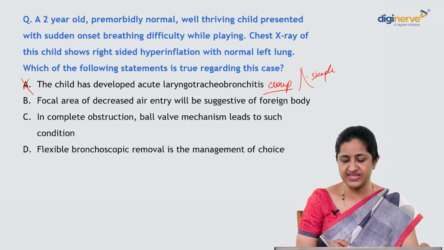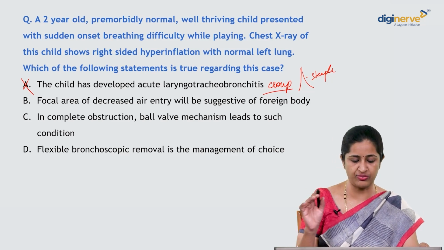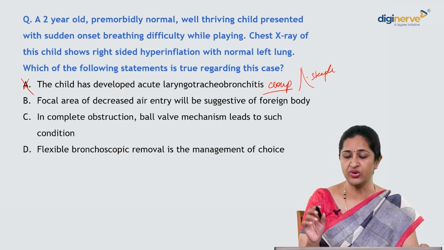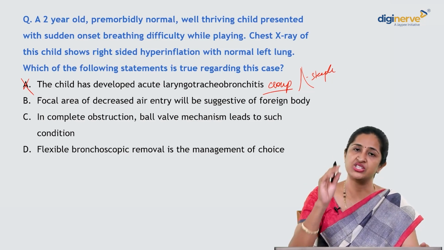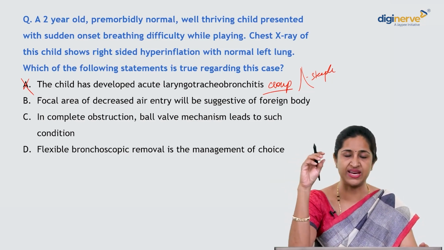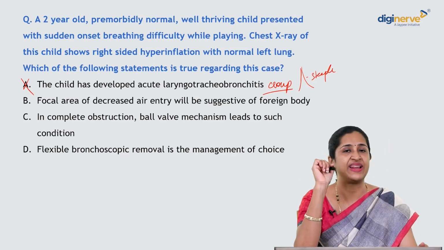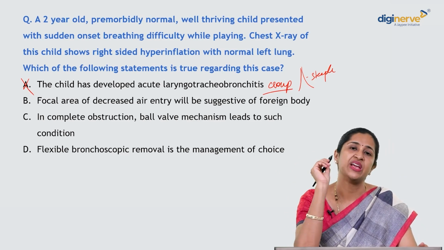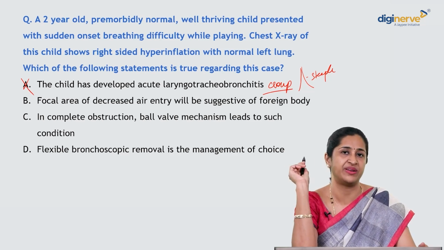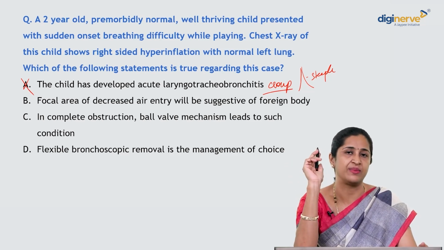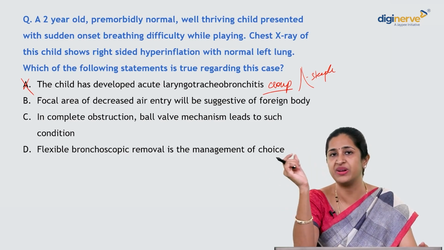Focal area of decreased air entry will be suggestive of foreign body. Now, the X-ray shows right-sided hyperinflation. When you have hyperinflation on one side and the other side being normal, remember in foreign body, auscultation decides which side is the abnormality, not the chest X-ray, because the type of the obstruction can be different.